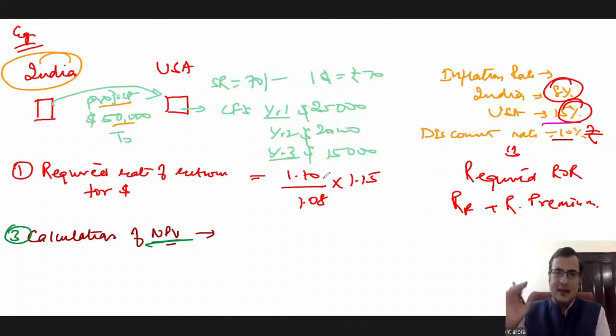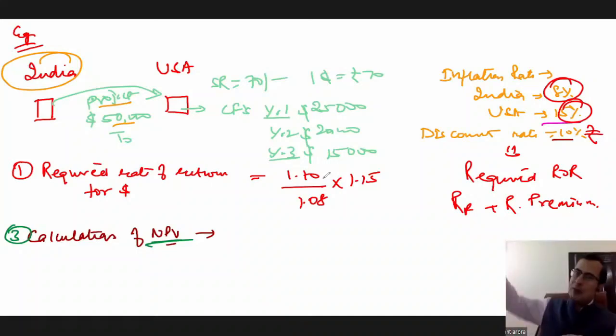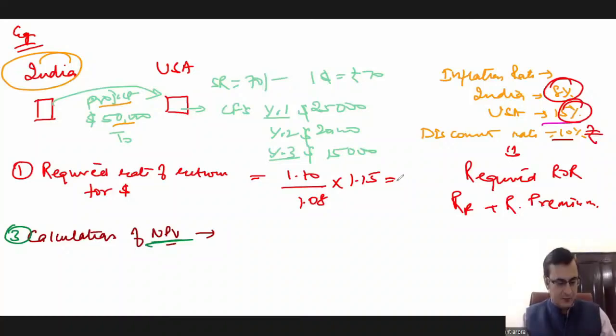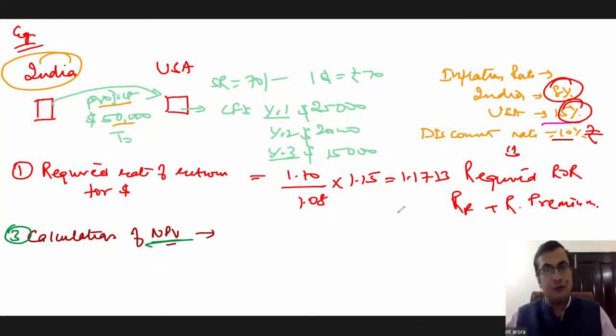Simple unitary method. The 10% rate of return is with respect to 8% inflation, and we are putting the money in the US. The inflation in the USA is 15%. So you will get this accordingly: 1.1 into 1.15 divided by 1.08. So 1.1713. This means the rate of return for dollars will become 17.13%.